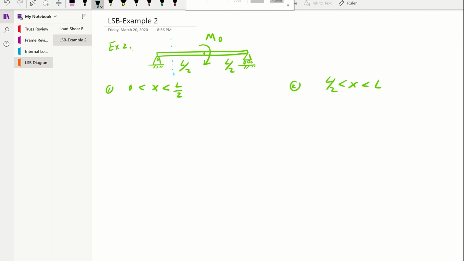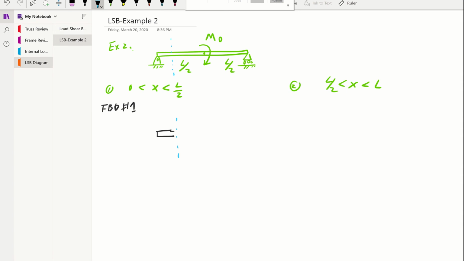When we make a cut, we're going to draw our first FBD, with this section here to the left. Let's put all the forces on this FBD.